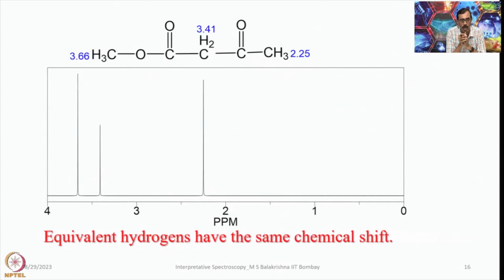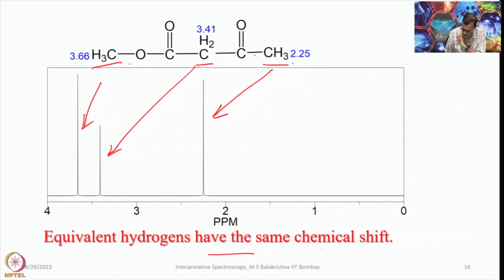So, now look into another molecule here. We have three different types of protons. One is next to the carbonyl group, another one is next to oxygen, and another methylene group is in between two carbonyl groups, and I have shown the corresponding chemical shifts. This one comes around 2.25. So, this is here, and then this is 3.41. So, this is here, and then this one is here. And again what you should notice is equivalent hydrogens have the same chemical shift.